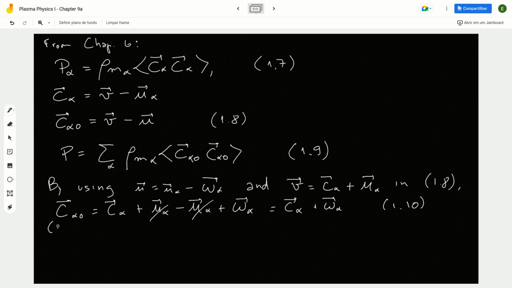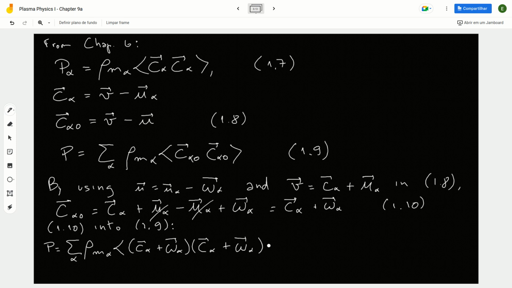So 1.10 into 1.9, we get, oh, this is for the pressure, right? Total pressure is the sum of rho m alpha, C alpha plus omega alpha in place of this. Then there's a tensor product with C alpha plus omega alpha here.